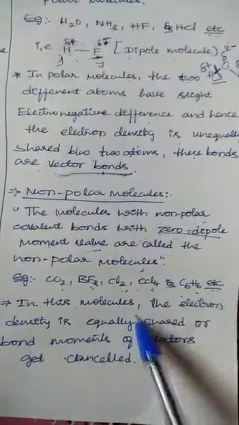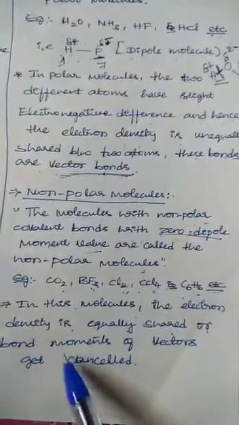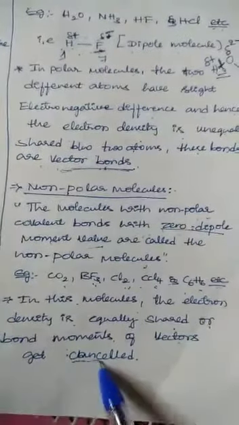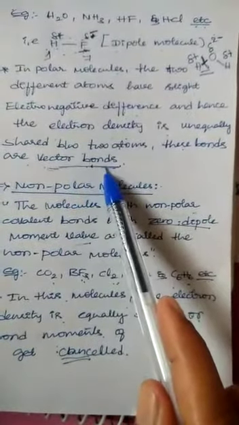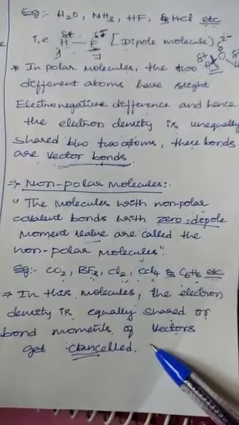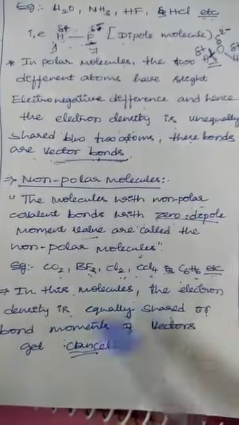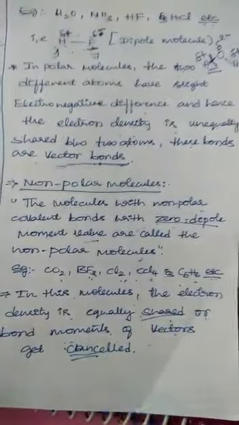In these molecules, the electron density is equally shared or the bond moment vectors get cancelled. In polar molecules, the bond moment vectors do not cancel each other. But in the case of non-polar molecules, the electron density is equally shared or the bond moment vectors get cancelled.